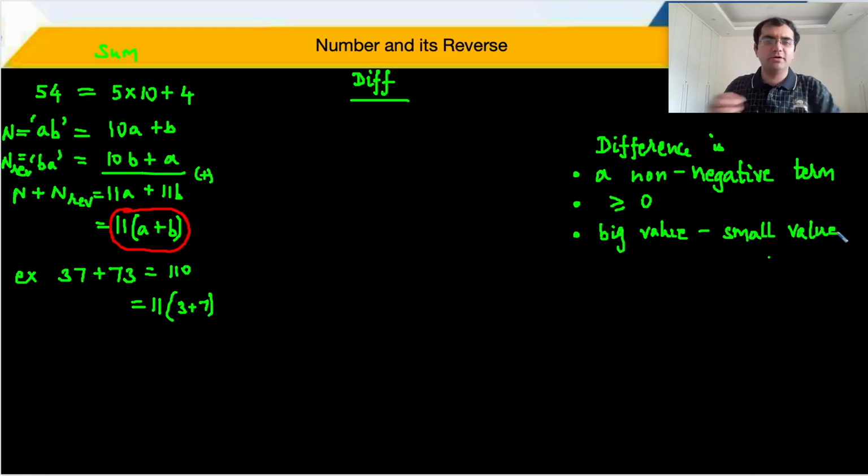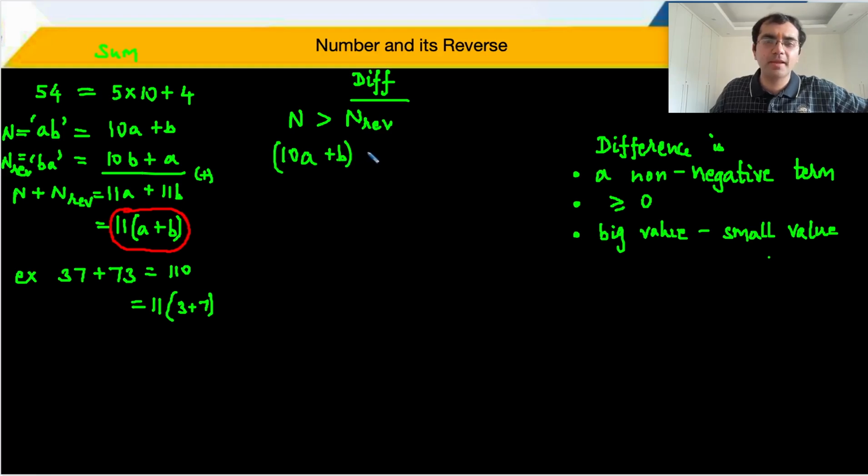Big value minus small value. So right now the issue is that I don't know whether n is bigger or the reverse number is bigger. So let's say the number is bigger. If n is bigger than its reverse, then you will do 10a plus b minus 10b plus a, and you'll now get 10a minus a, 9a, b minus 10b is 9b, 9 times a minus b.